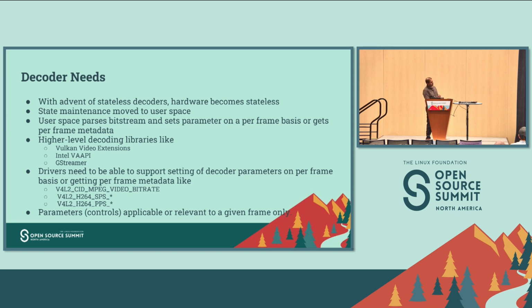Here are a few examples of controls that may need to be adjusted like this. One of them is to set the bit rate, and SPS and PPS are related to H.264. Pardon me, I'm not an expert on codecs, but it falls under this, so I did some of my own research and talked to my colleagues to get some information about it. There are many others, but I just listed a few which made the most sense.